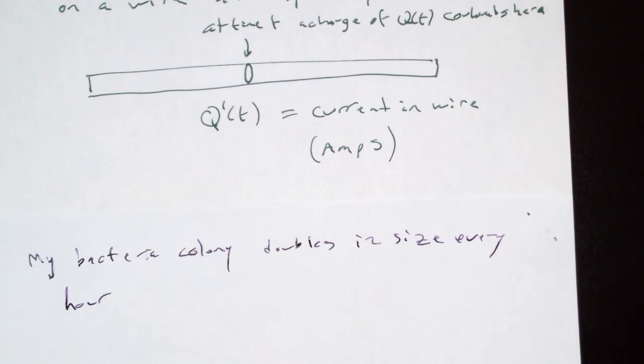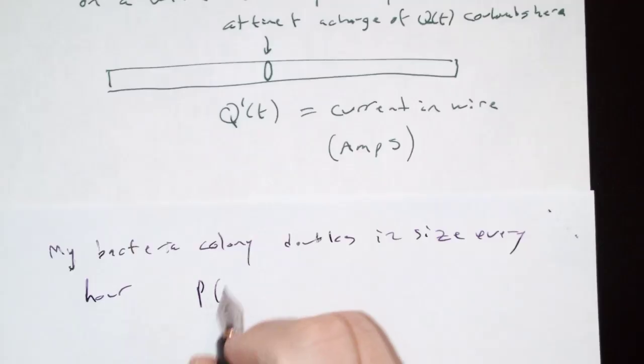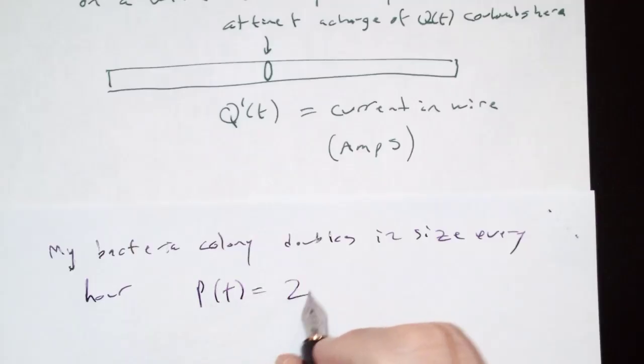And I measure it, and every hour I notice it's twice as big as it was the hour before. Then I can write this as a doubling function.